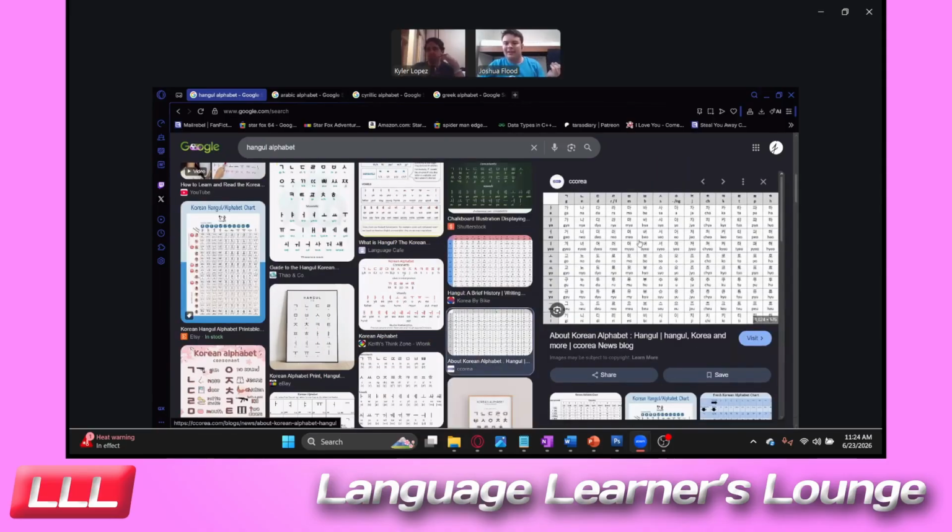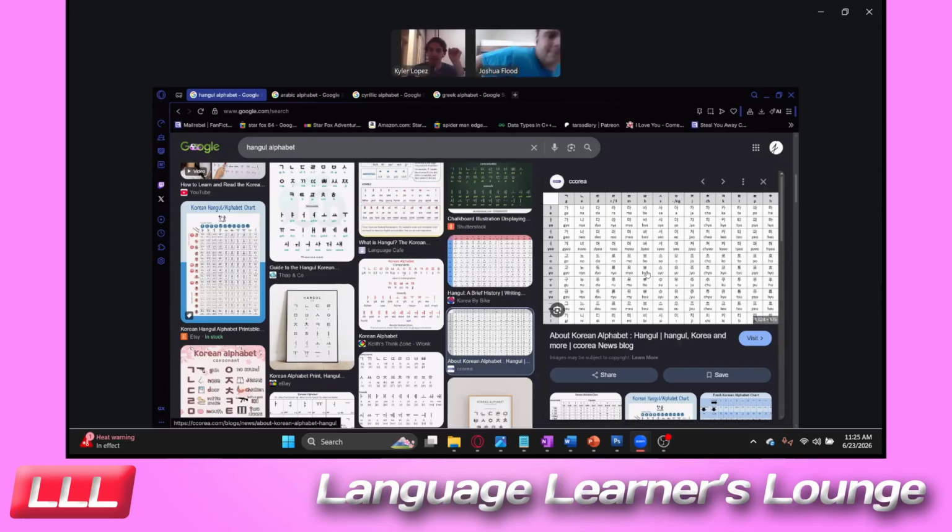Something the Korean system does differently is that the characters build off of each other, and based on the kind of word, you have to read it top down, left to right.